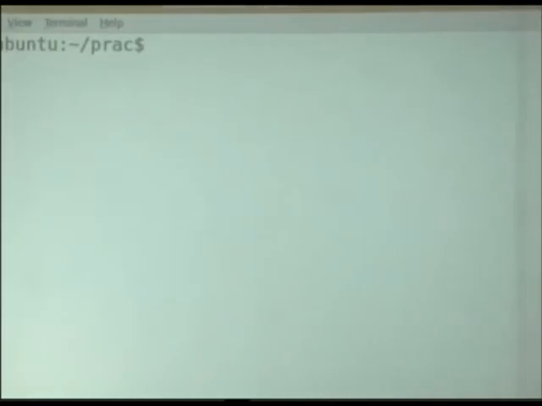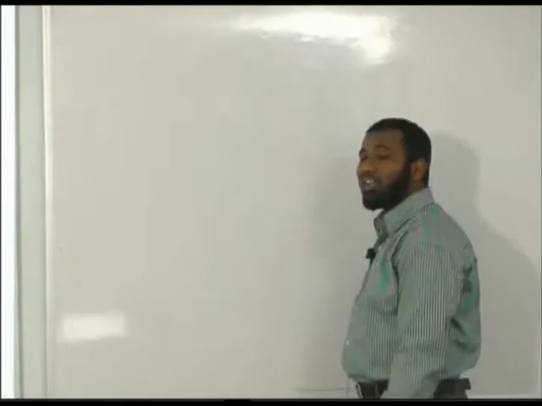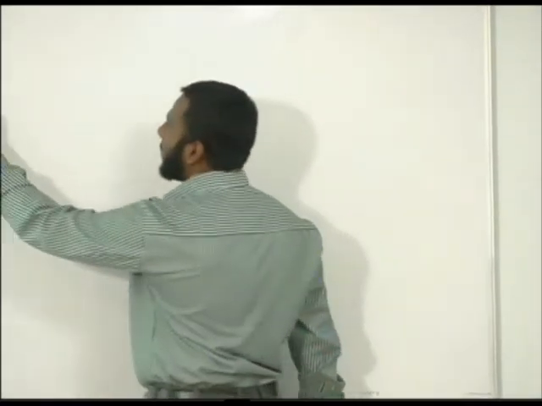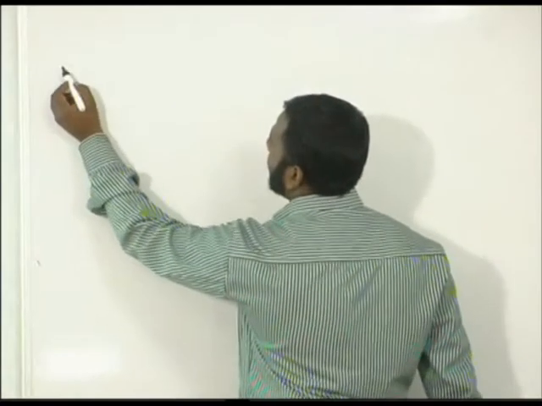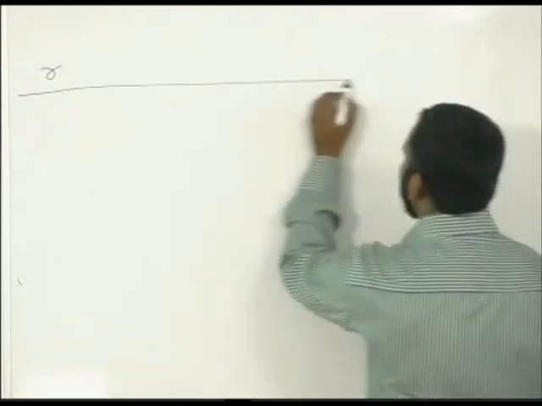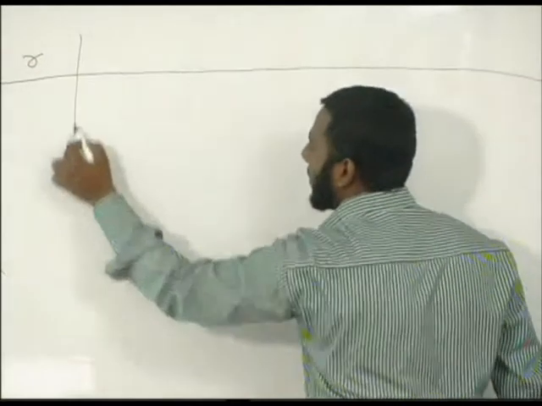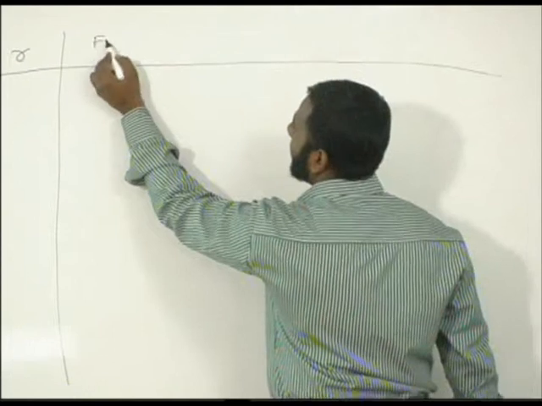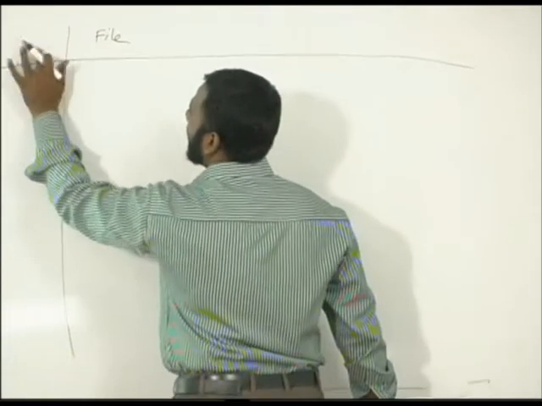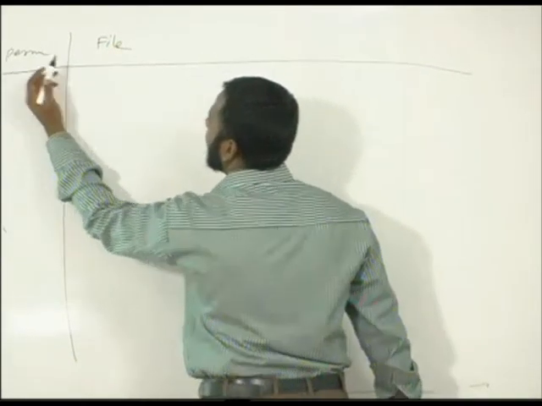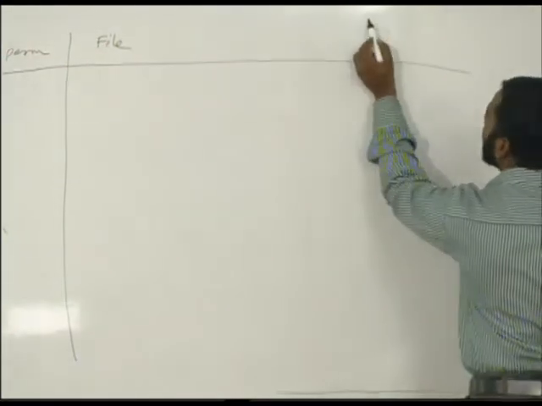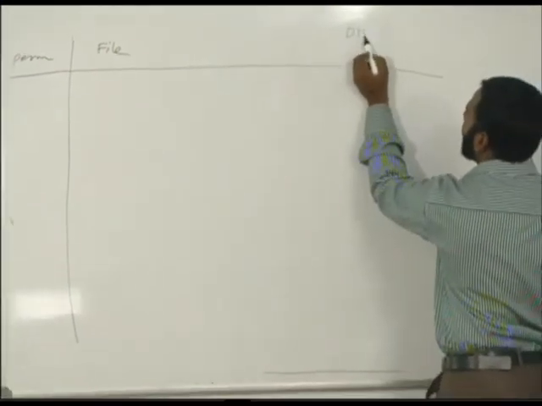Now these read, write and execute permissions have a different meaning when used on directories. For example, let us see in a table what you mean by read on a file and what you mean by read on a directory. We'll use different types of permissions. Here we will write the type of permission, and what it means for a file.